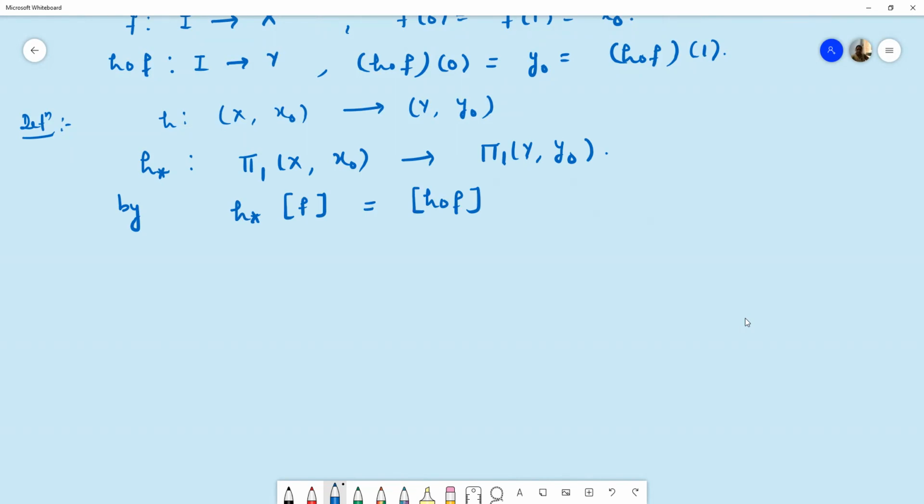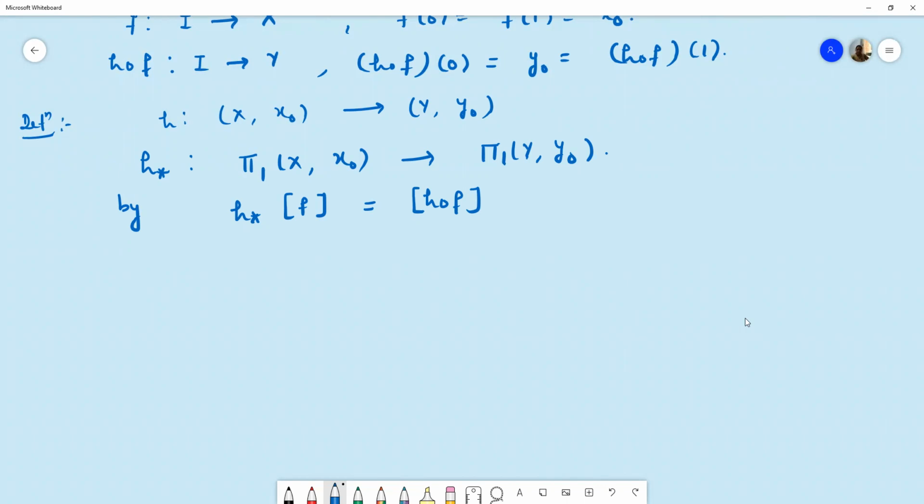Now here we are taking the fundamental group pi1 of X, x naught, and we are taking f to be a member of this group, which means f is a path in space X based at x naught. And we know whenever f is a path in X based at x naught, h circle f is a path in Y based at y naught. So this homotopy class belongs to this fundamental group.